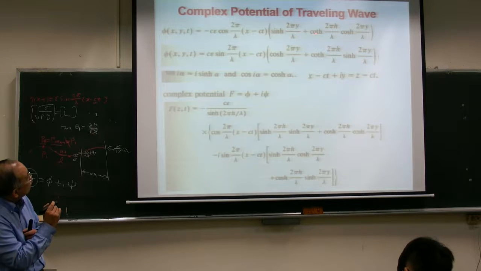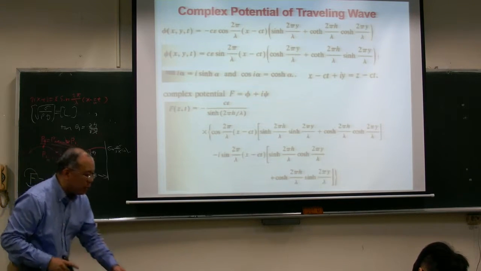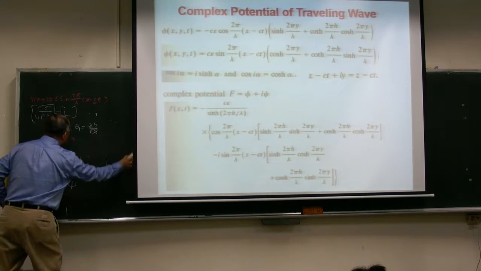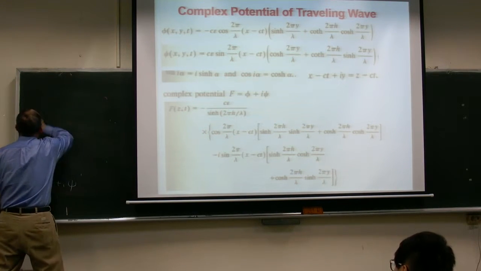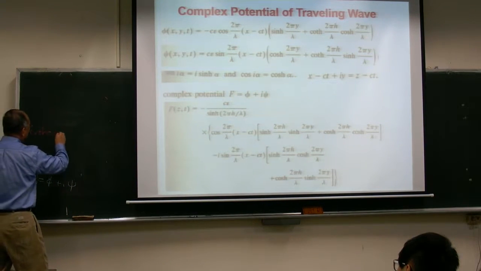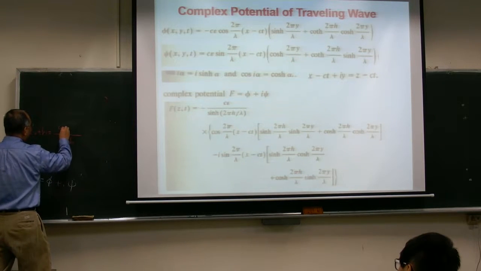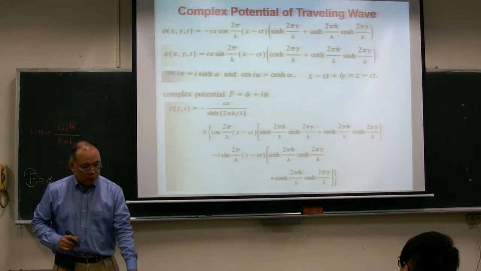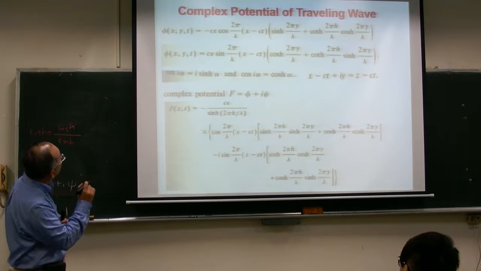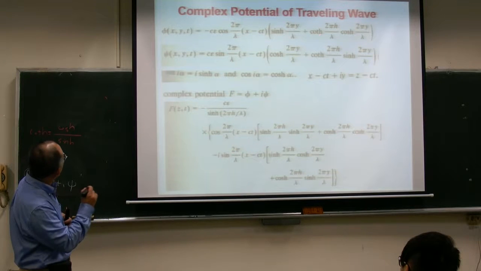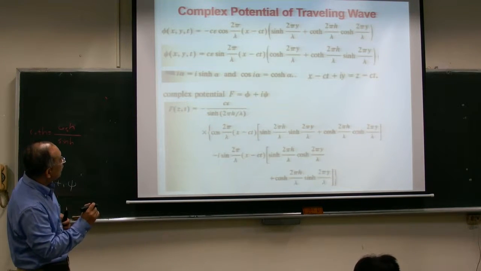Okay, plus the hyperbolic cotangent. So when you multiply this, since you take it out from here, the hyperbolic cotangent becomes hyperbolic cosine here.